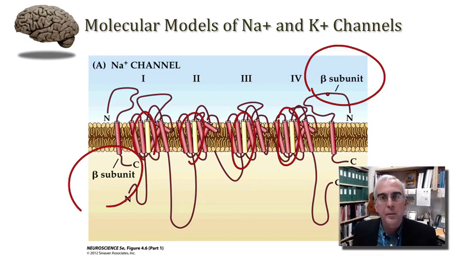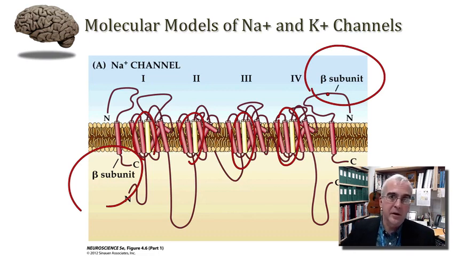We think there are probably at least 10 sodium channel genes that express the proteins that are essential for building these channels. But those genes can have multiple reading frames, and the product of that gene can be modified in various ways.